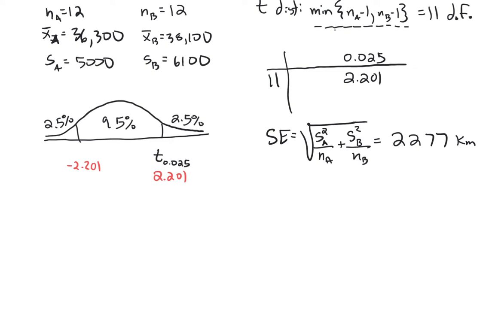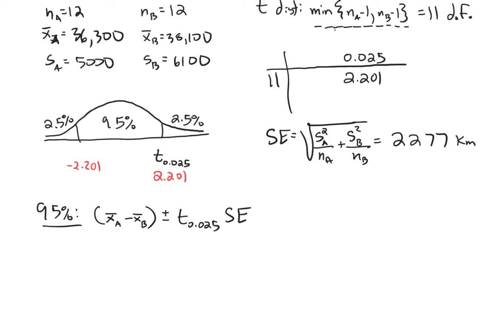So let's calculate our 95% confidence interval now. Remember, this has to do with a difference of means. It doesn't really matter which order you do it. So let's do the mean of A minus the mean of B, and then plus or minus t of 0.025 times our standard error.